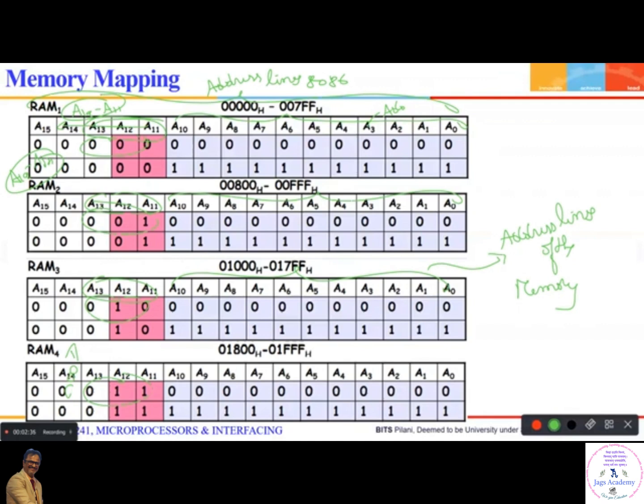I told you all this A0 to A19 is the entire set of address lines coming from the 8086.